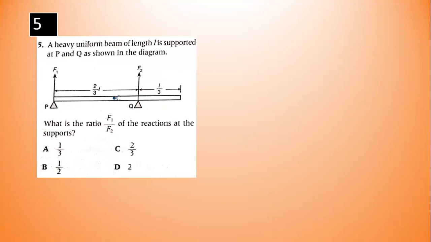A heavy uniform beam of length L is supported at P and Q as shown in the diagram. What's the ratio of F1 to F2? We don't know the weight. So let the weight be at the center of gravity. The whole length, add these two together, is L. So half the length is half L. This is also half L from the center of gravity.